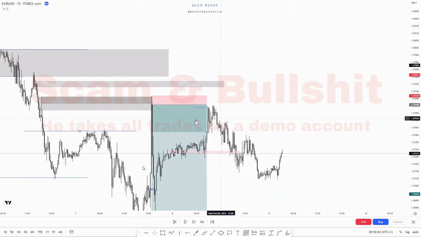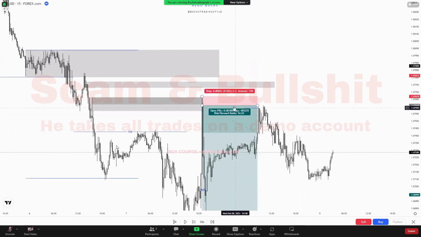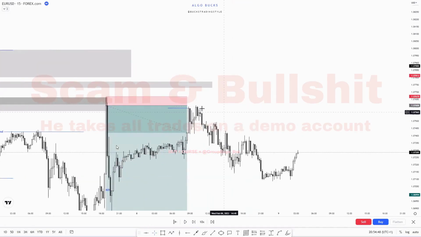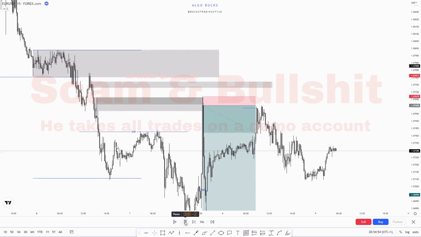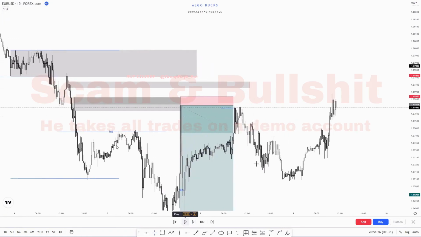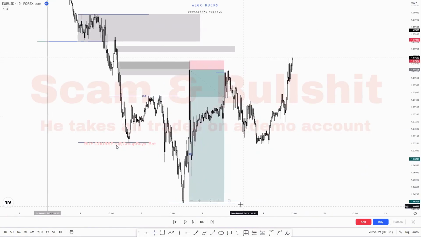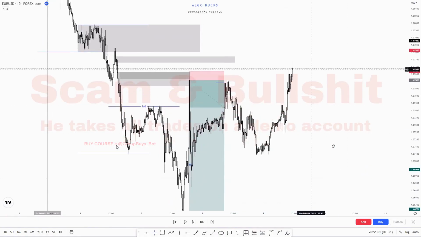Now, we would have gotten involved in this trade, but price did not mitigate our wick, or did it? Yeah, price mitigated. So we would have gotten involved in this trade, but since we missed it, we missed it. Now let's wait for a reaction. Remember, the full target is this right here, the true break of structure.